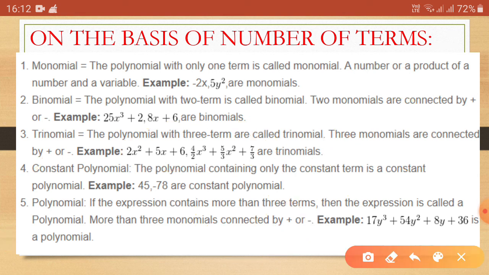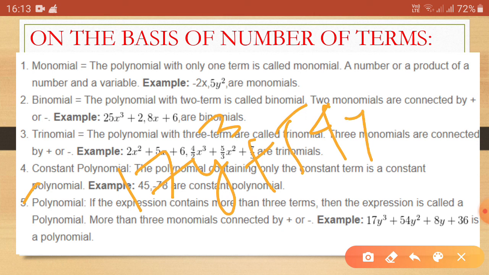Next part is polynomial. If the expression contains more than three terms, then the expression is called a polynomial. Suppose I am writing 17y cube plus 54y square plus 8y plus 36.